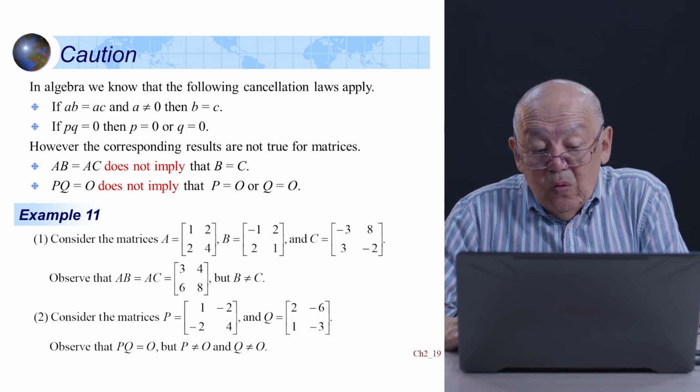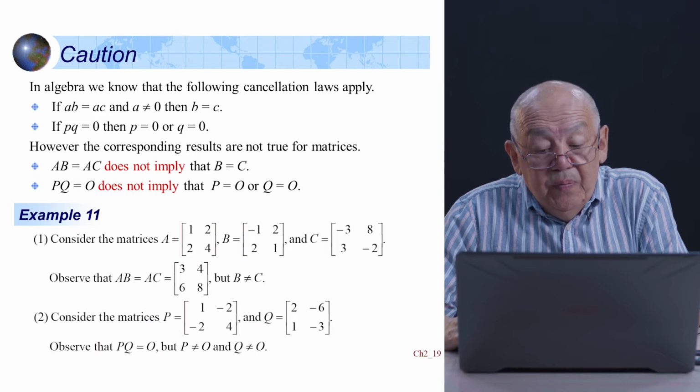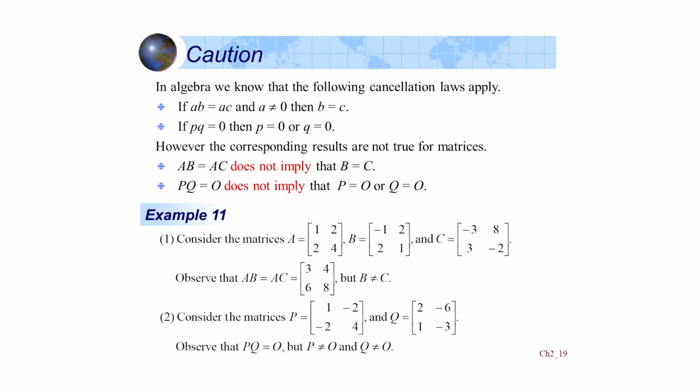You'll see that the product is a 0 matrix, but neither P nor Q is a 0 matrix. So please, this is just a caution for you. Some rules that are true for numbers may not be true for matrices. Please remember this.